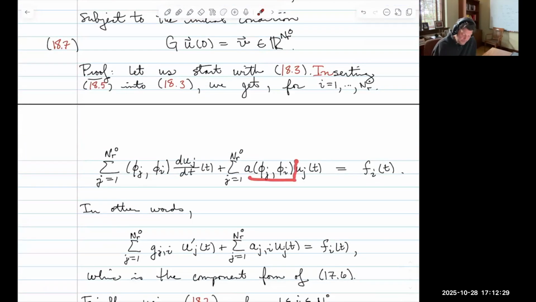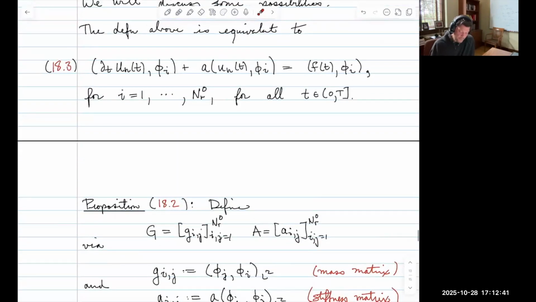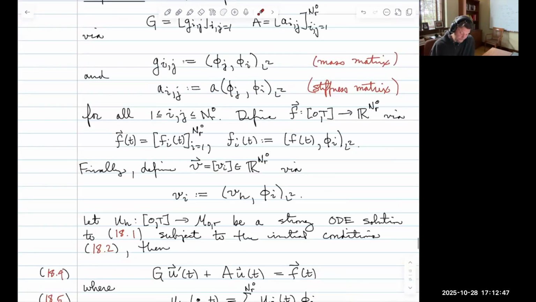Or these terms, which are the coefficients in the stiffness matrix. And of course, the right-hand side didn't change because it doesn't depend on u at all. Okay, u_h is only in these two positions.